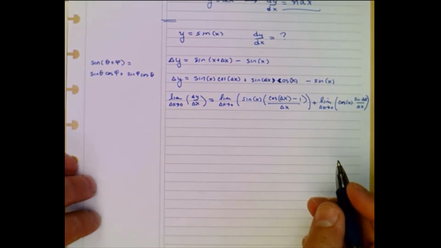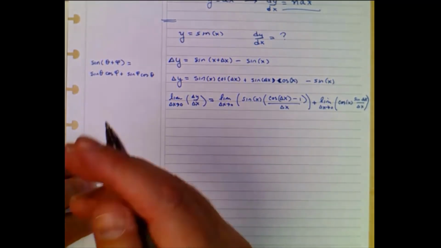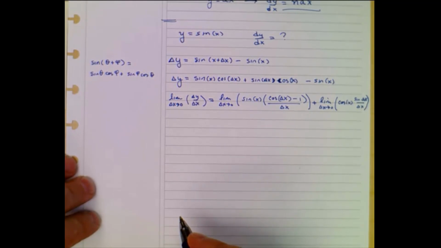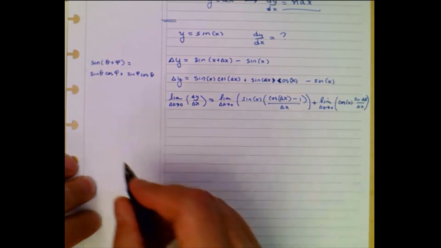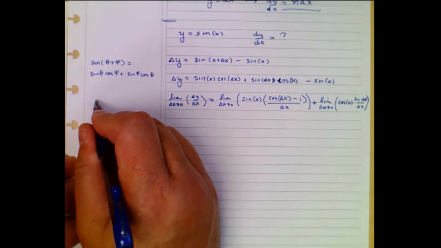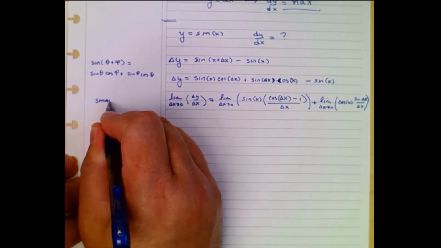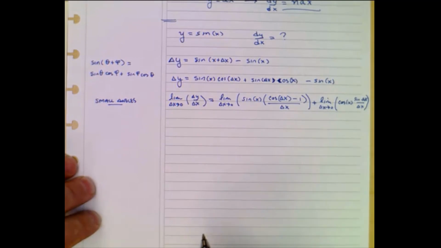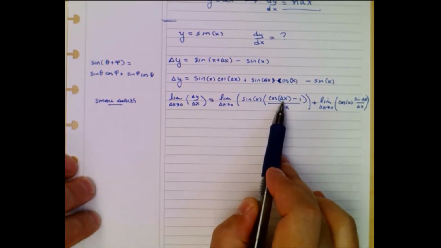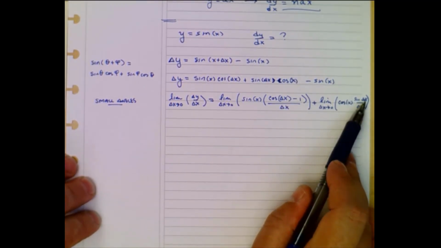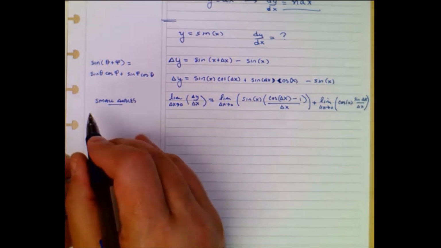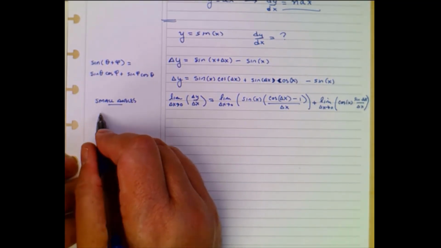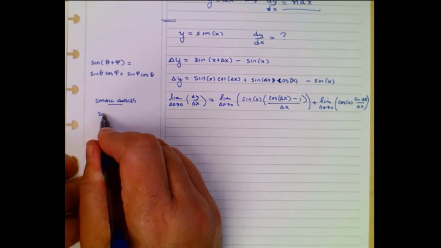Now, I'm going to use something that I'm going to prove in a subsequent video. I'm going to utilize the fact that for small angles, and when we're talking about cosine delta x and sine delta x here, eventually we're going to be taking the limit as delta x goes to zero, so these are going to be perfectly good approximations.